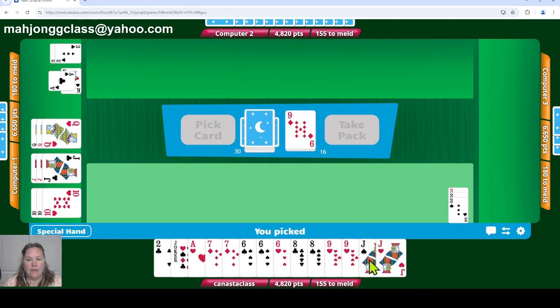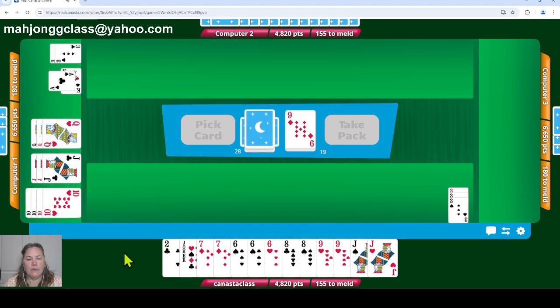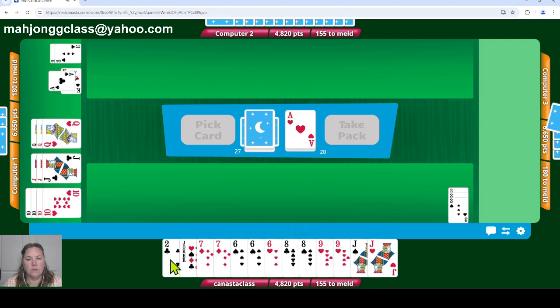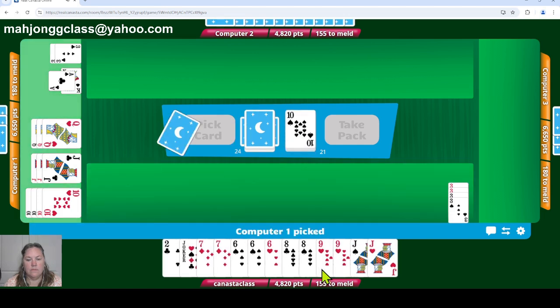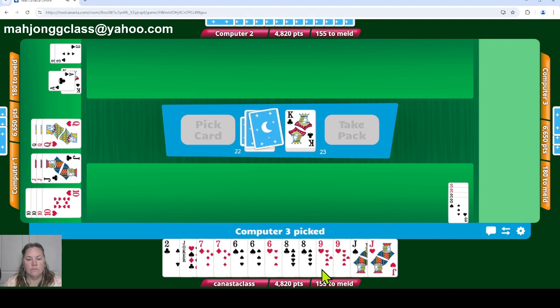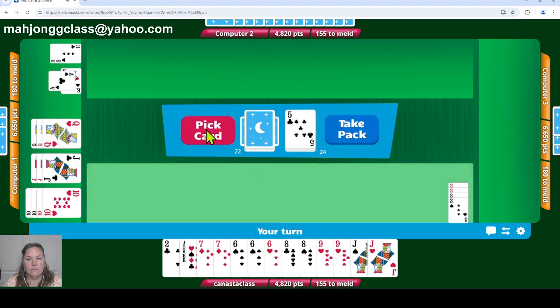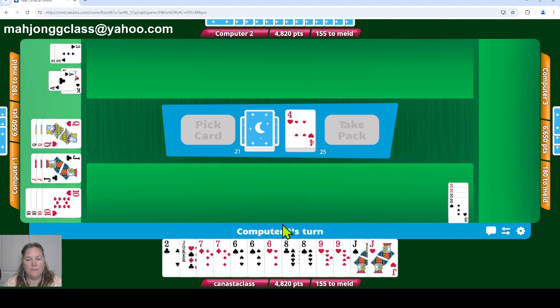Let's see what we have here. That's 2 7s. Aces are dead. Need another wild card. 10s. 4s were earlier in the game.